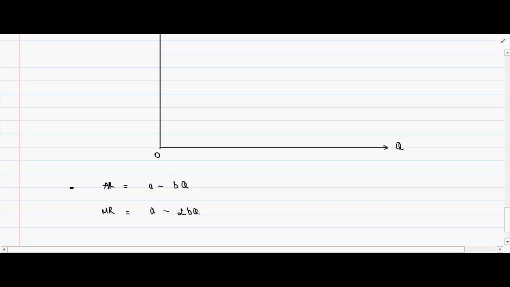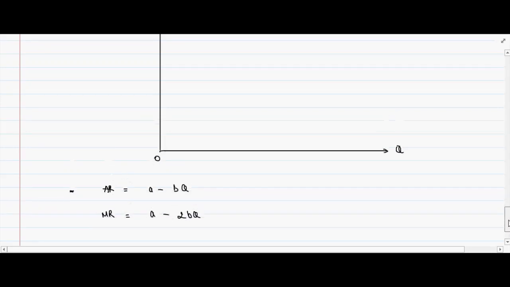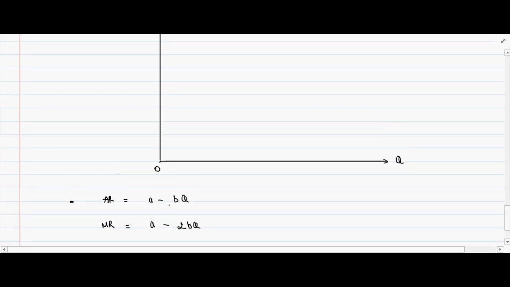Okay, so I'm going to draw these two lines on a diagram first. As you can see, these are very straightforward. They are basically just linear functions of Q, so on a diagram they are just going to be two straight lines.